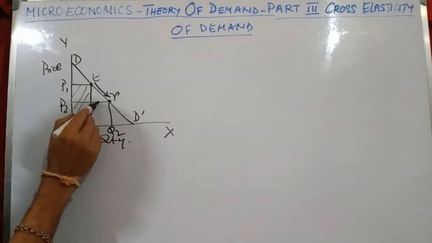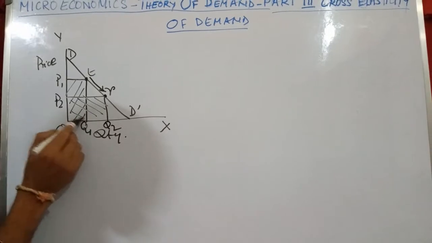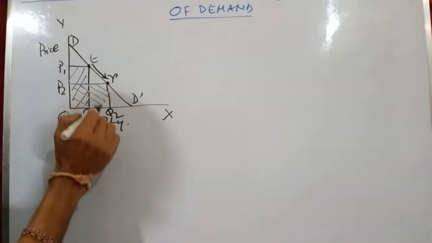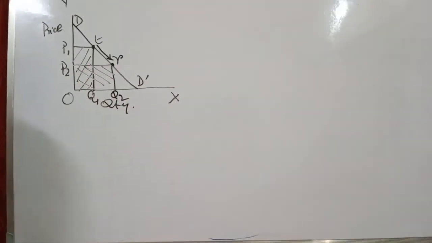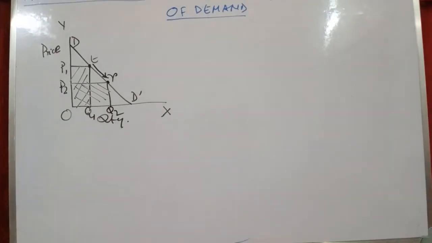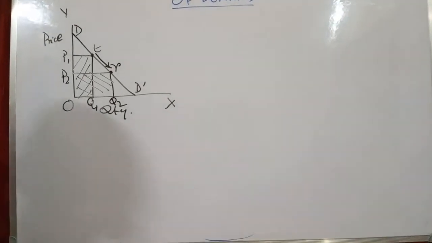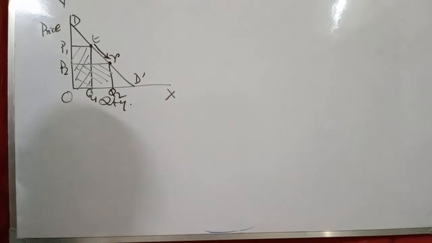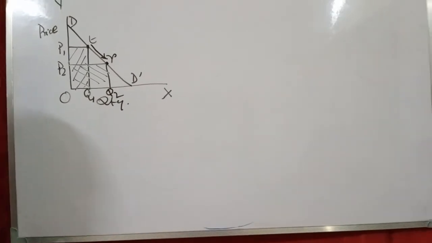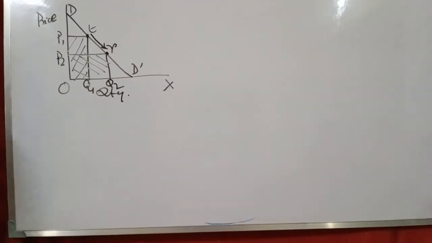And his total expenditure is the area of this rectangle, that is OP2RQ2. Correct?